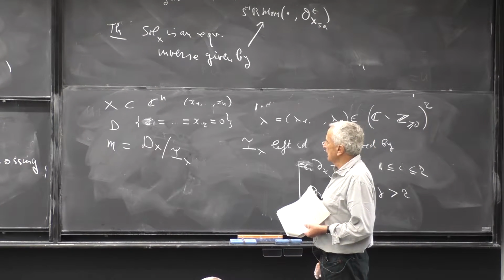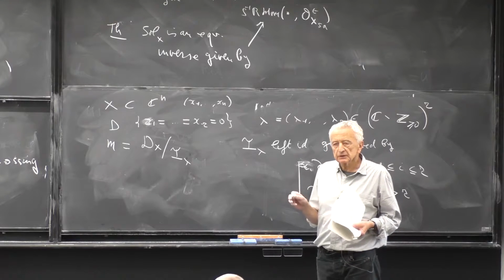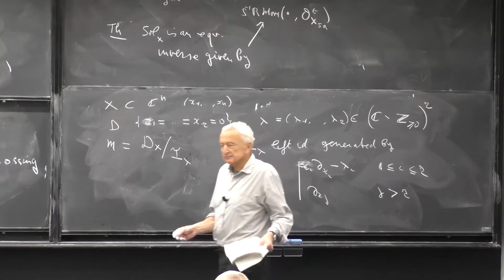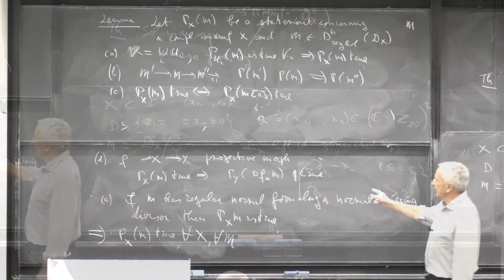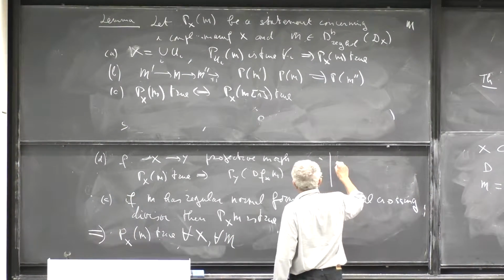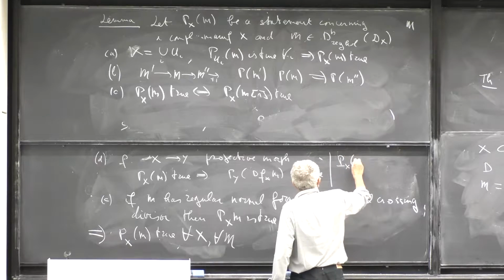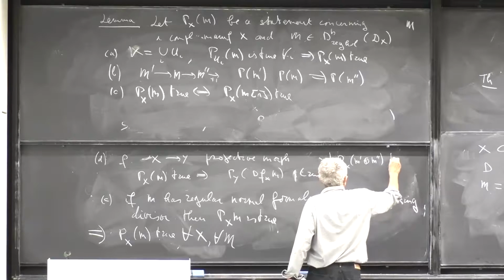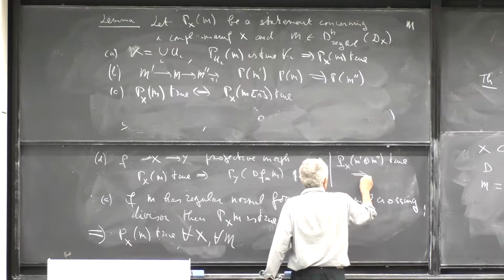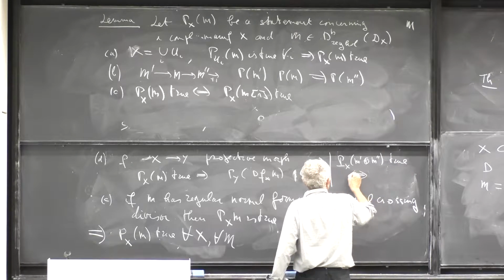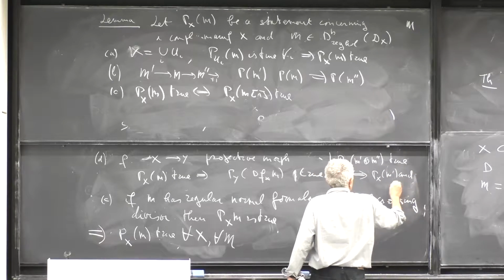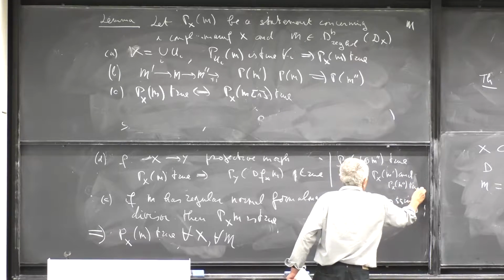Just a parenthesis for those interested in irregular holonomic D-modules. There is a similar lemma. Maybe I skipped something: if Px of M' plus M'' is true, if and only if Px of M' and Px of M'' are true.